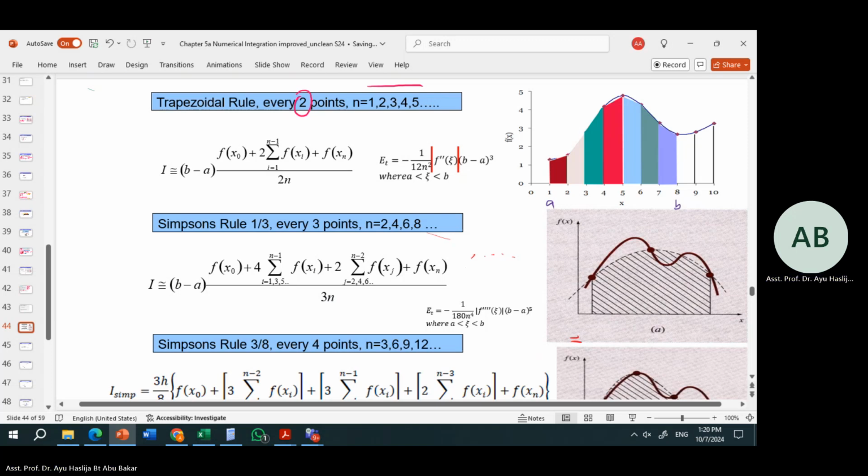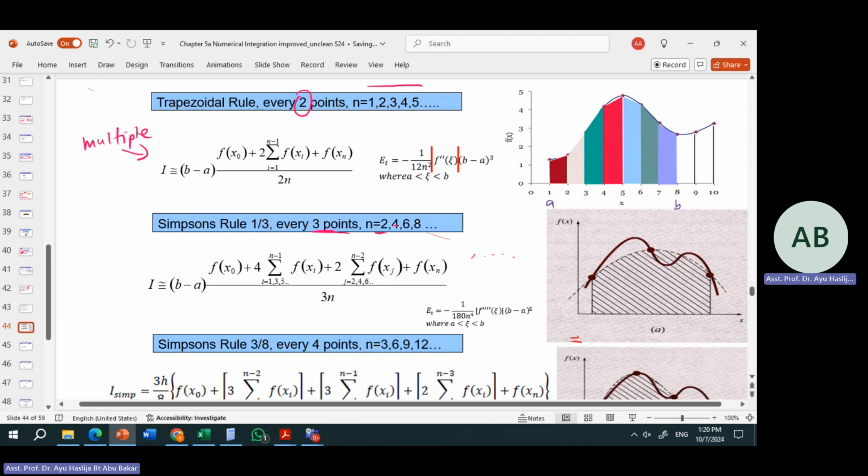So this is the equation for multiple application. Now, Simpson 1/3 is every 3 points. You must have 3 points, so that's why the minimum n is 2.